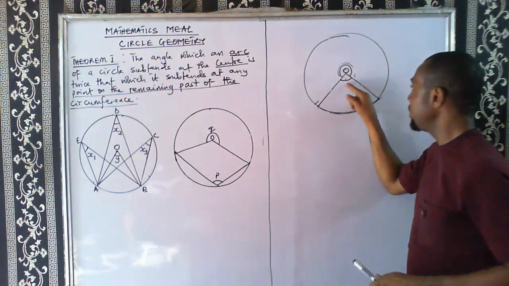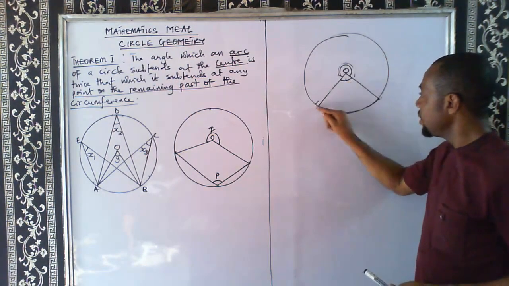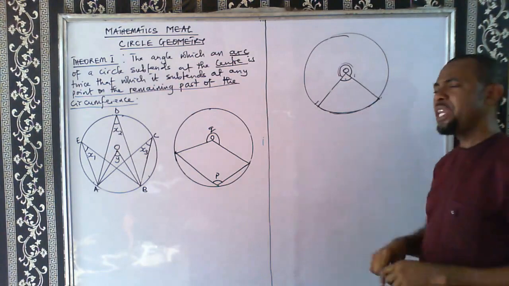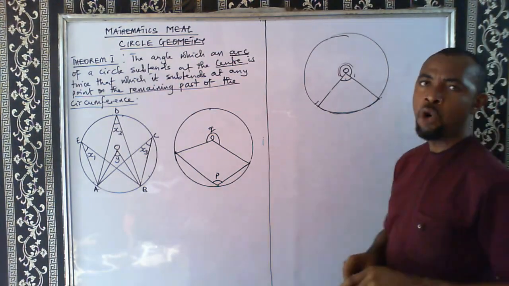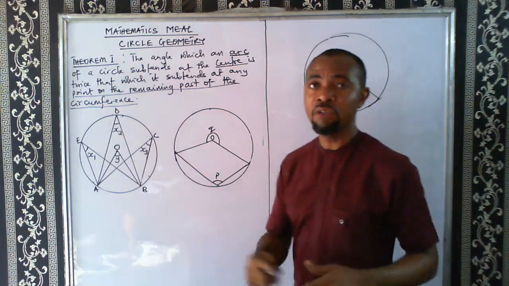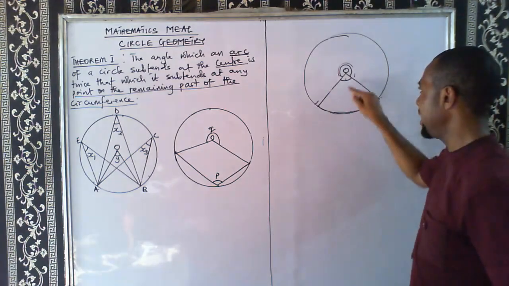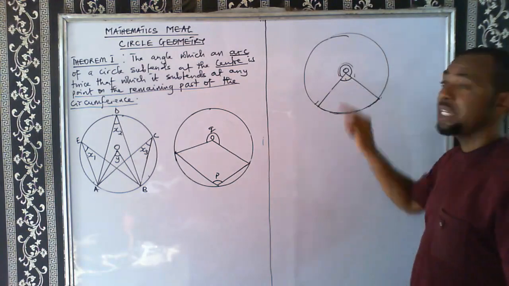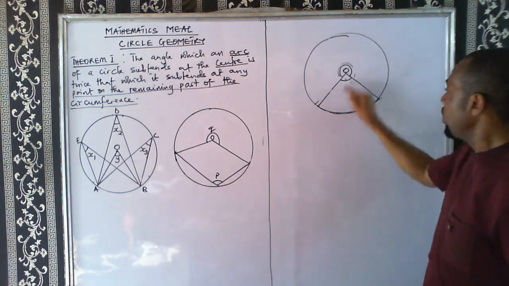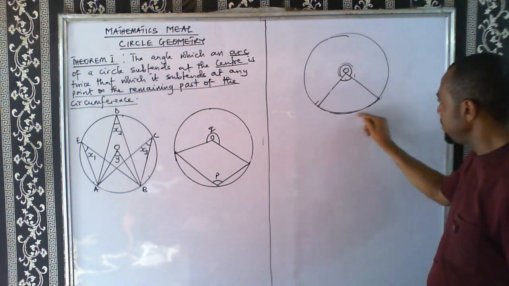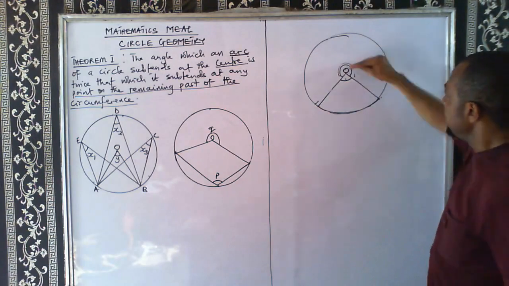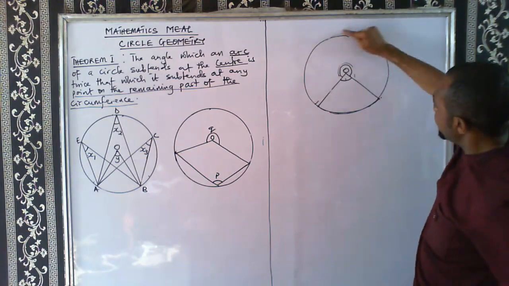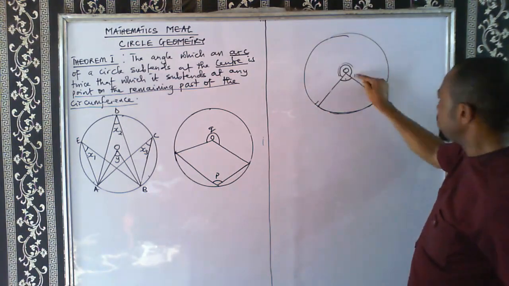For example, we have seen that this angle at the center was subtended by this arc. So whether an angle is at the center or at the circumference, there must be an arc that will subtend the angle. This one is angle at the center and is being subtended by this arc. This one also is the reflex angle at the center. So the whole of this arc from here to here is what produced this angle.